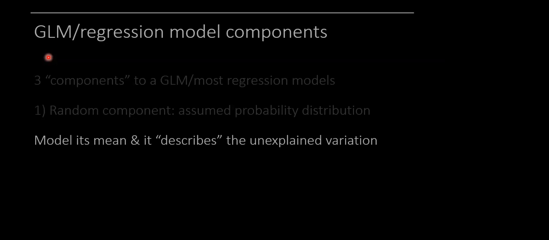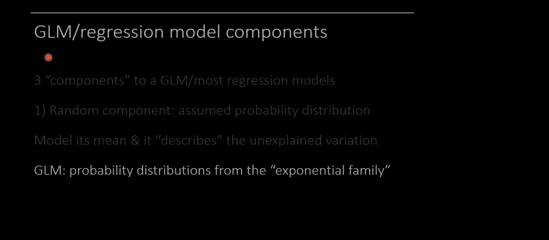And that's critical because that then allows us to make inferences. Assuming that we've chosen a correct probability distribution, and assuming there's no other sources of bias, which is never really going to be true, it allows us to make our inferences to the wider population. With generalized linear models, the probability distributions all come from a family of probability distributions known as the exponential family.